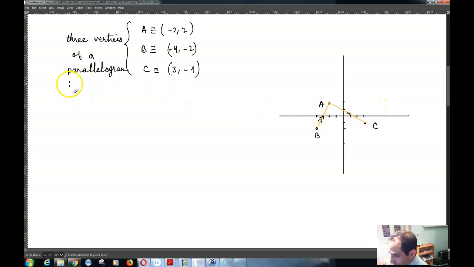So now let the point D have coordinates h comma k, the point we are looking for.